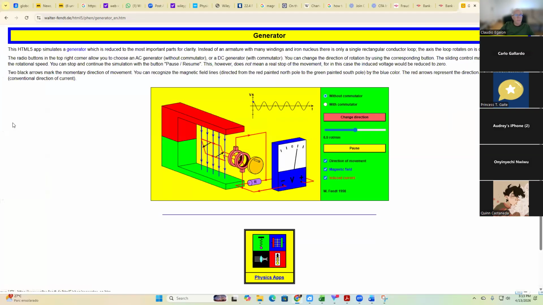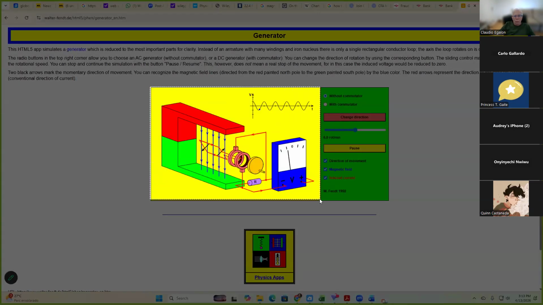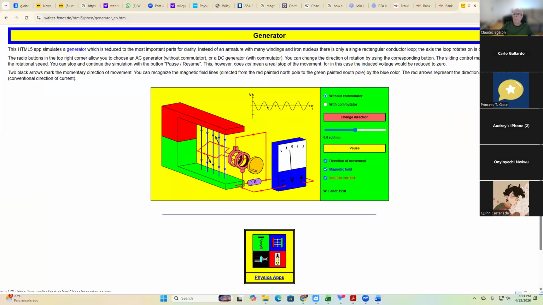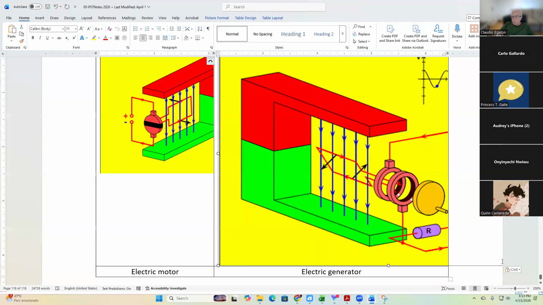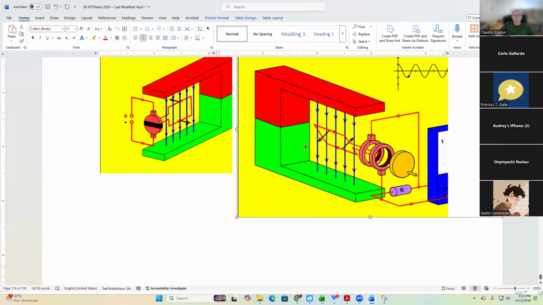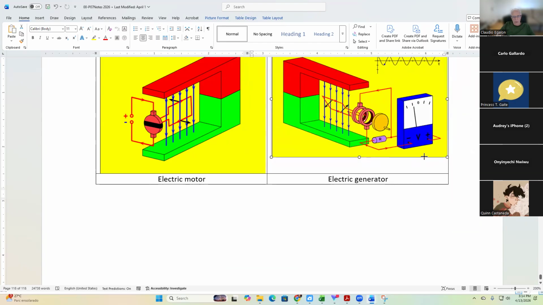Generator right in here. The elements are the same.